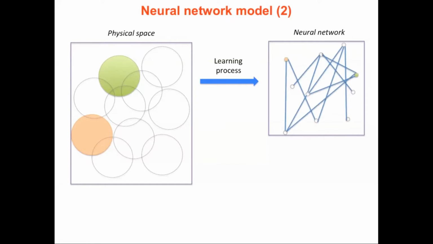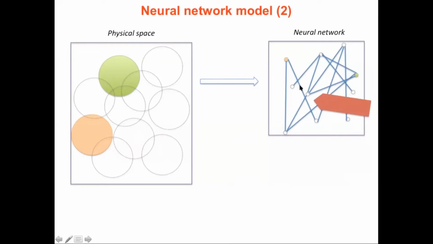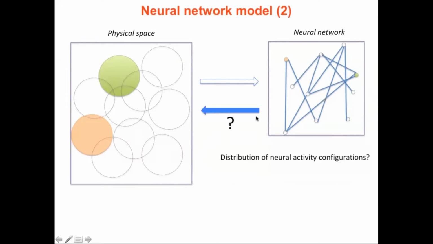This is important to keep in mind, because when people do experiments, they put some electrodes, or they may have some optical recording, but they will see only a limited portion of the hippocampus. So they will see the activity of these neurons here, close to the tip of the electrode. And of course, due to this random mapping, that corresponds to place fields which may be very far away in physical space.